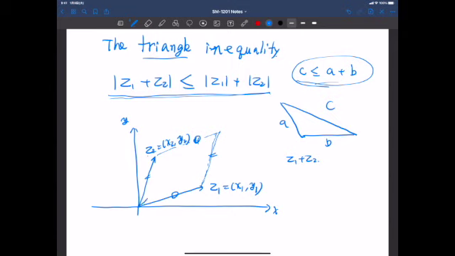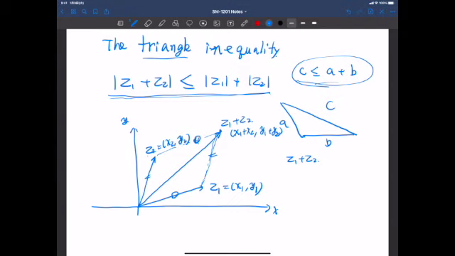So this point will be z1 plus z2, whose coordinate is x1 plus x2 and y1 plus y2, right?